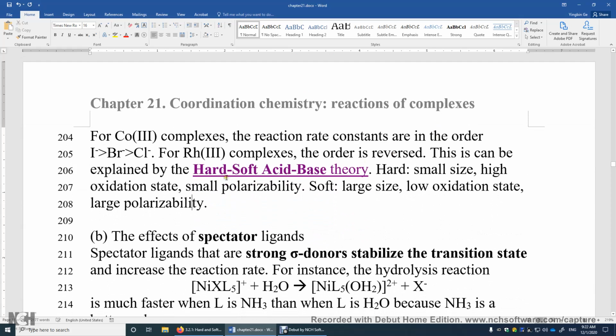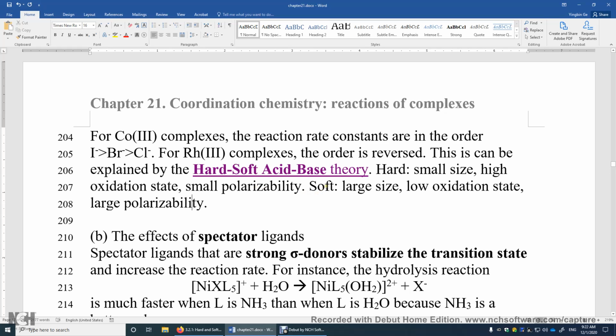Okay, that's the hard-soft acid-base theory. But I would like you to Control-click this to go to the LibreTexts.org website to learn a bit more about hard-soft acid-base theory. In summary, hard acids and bases usually have smaller sizes, higher oxidation states or higher oxidation numbers, and smaller polarizability.